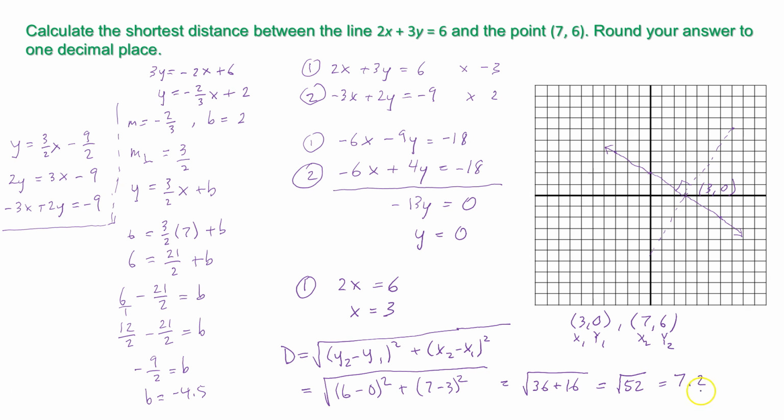I rounded to 1 decimal place, following what was asked in the question. So to 1 decimal place, the answer to this question would be 7.2. So 7.2 is the shortest distance between the line 2x plus 3y is equal to 6 and the point 7 and 6.